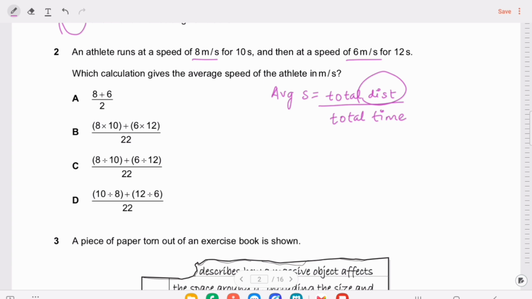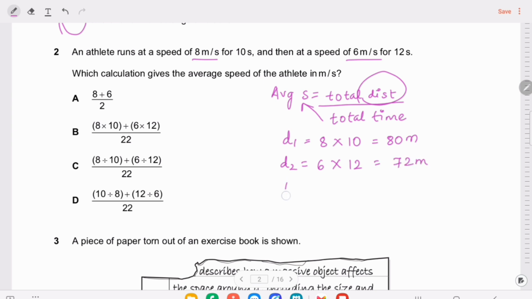For that we have to multiply the speed with the time to get the distance. So distance 1 is equal to speed 8 times the time of 10 seconds, which will give me 80 meters. Distance 2 is 6 meters per second times 12 seconds, which will give me 72 meters.